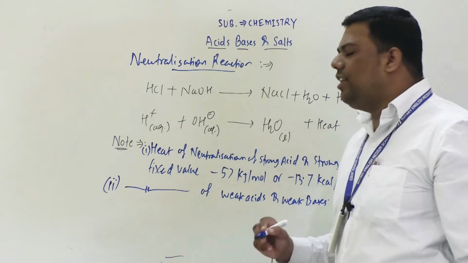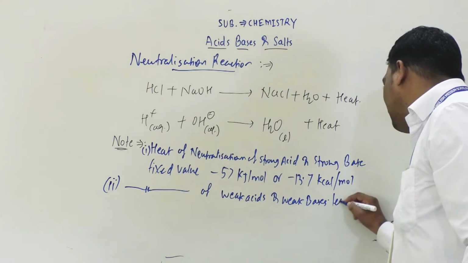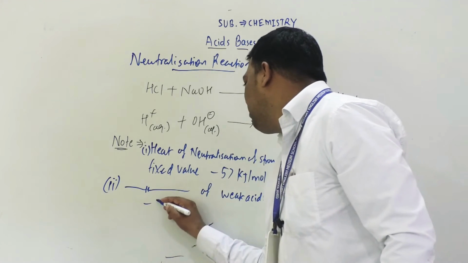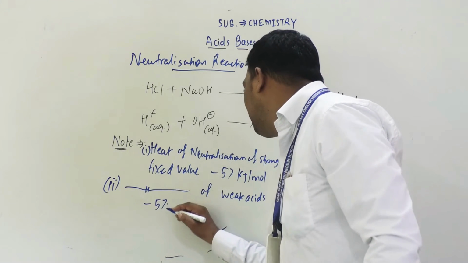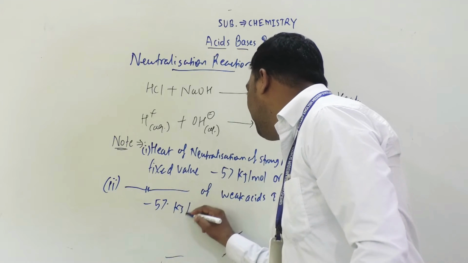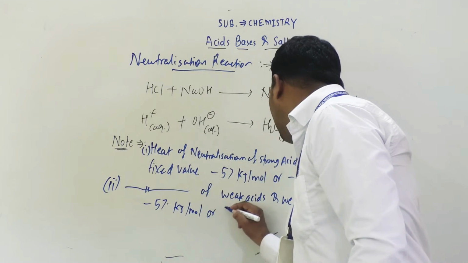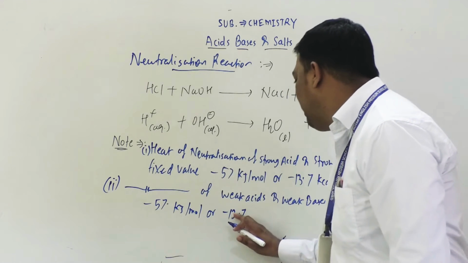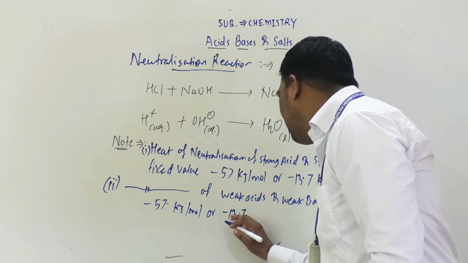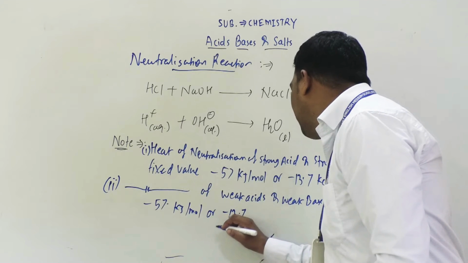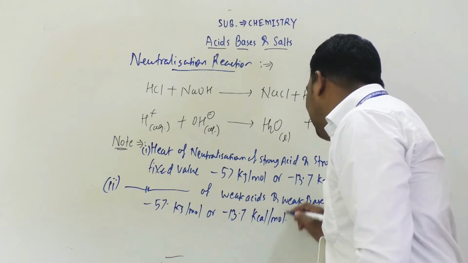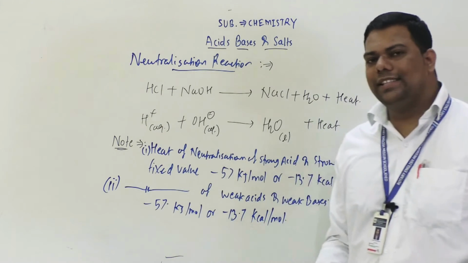This value is less than minus 57 kilojoule per mole, or minus 13.7 kilocalorie per mole. It is less than that. So why is it less?